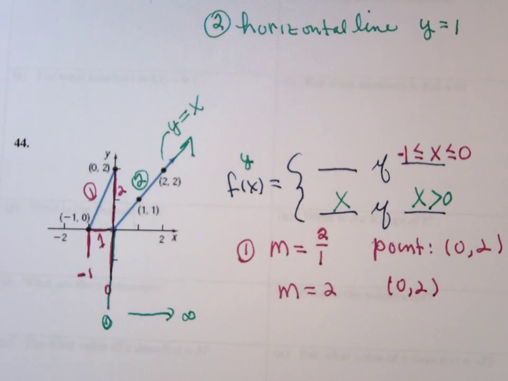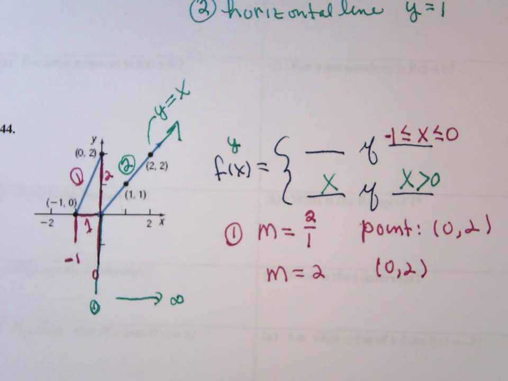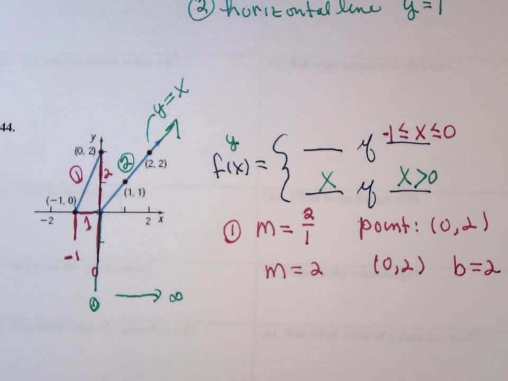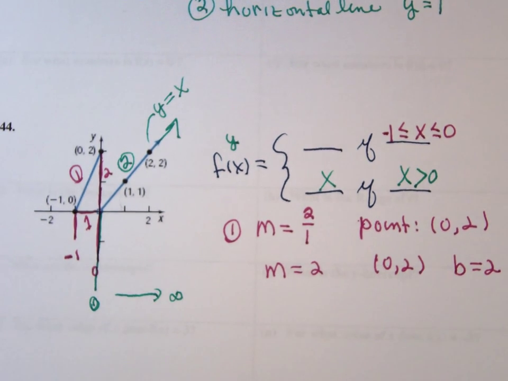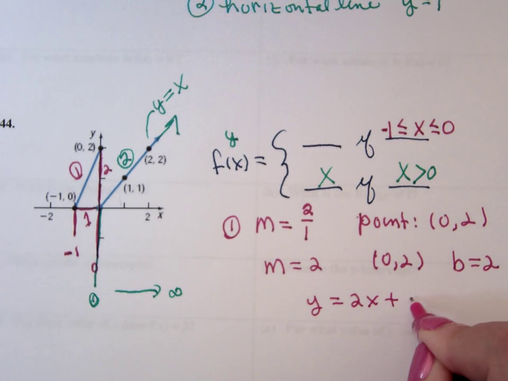Now here's the question. Anybody recognize that point? The y-intercept. 0, 2 is a y-intercept. In the world of mx plus b, he is b. Which means this happens to be y equals 2x plus 2.